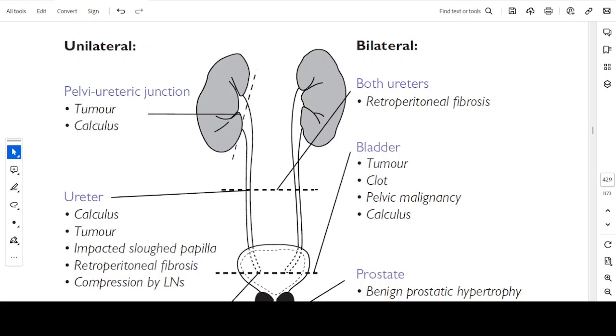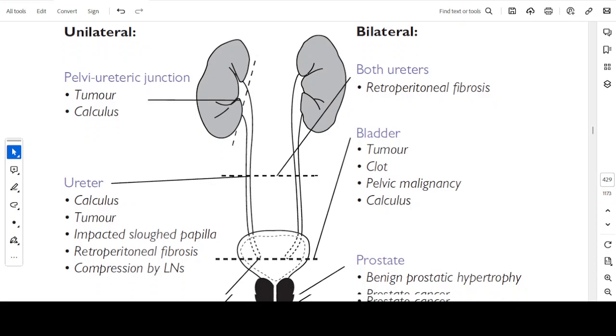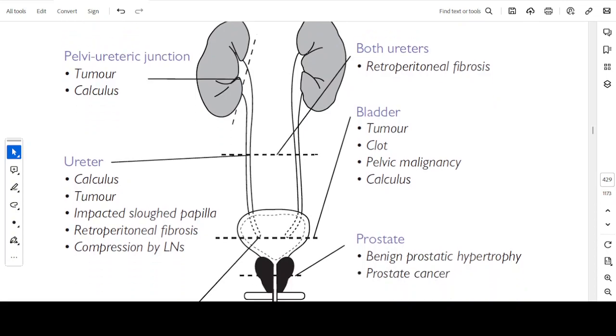So this is the figure, causes of obstruction, unilateral and bilateral. Unilateral at the pelvic-ureteric junction: there might be a tumor or a calculus. Unilateral ureter causes are calculus, tumor, an impacted sloughed papilla, retroperitoneal fibrosis more on one side, and compression by lymph nodes on one side.